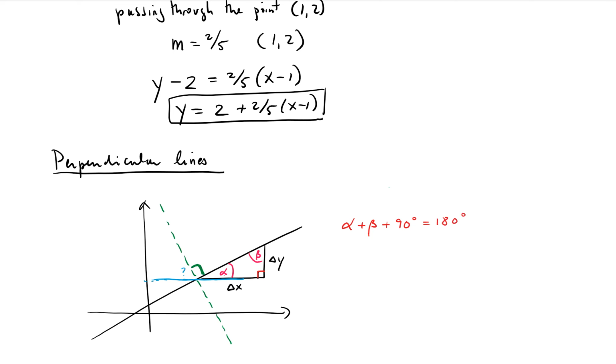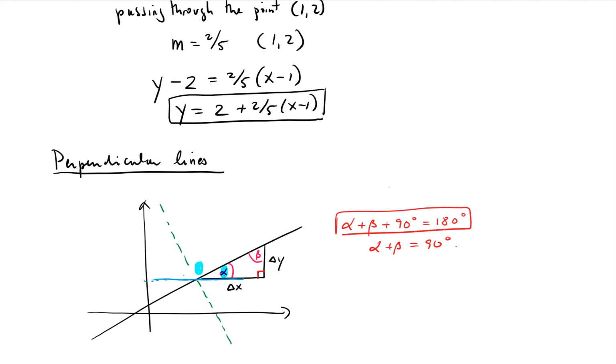So what does that mean? Of course, it means that also alpha plus beta is 90 degrees. Alpha plus beta plus 90 degrees is 180. Let's look at what we have here. This is alpha. This is 90 degrees here. So what's the other angle that's missing here?